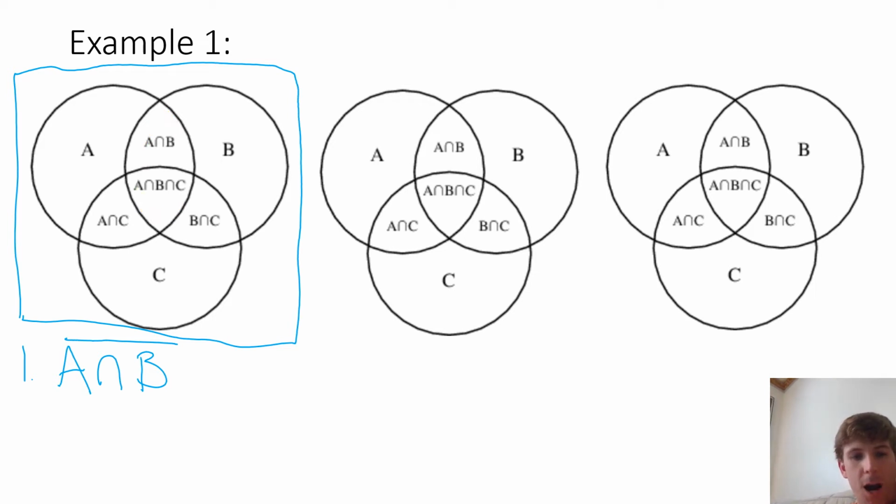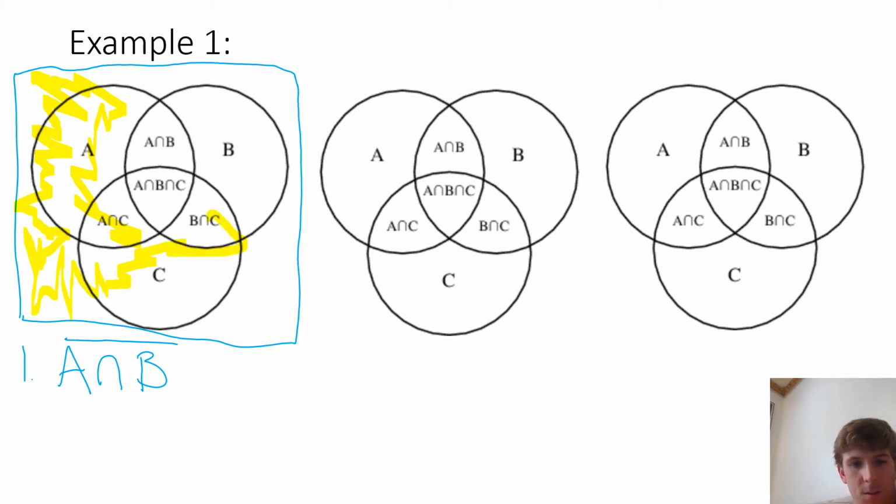However, since we have this bar over top, we're asking for the complement of that. What we actually need to do is shade in the entire rest of it. So everything except for that region that I just highlighted, everything that is not A intersection B. That includes things that are outside the Venn diagrams.